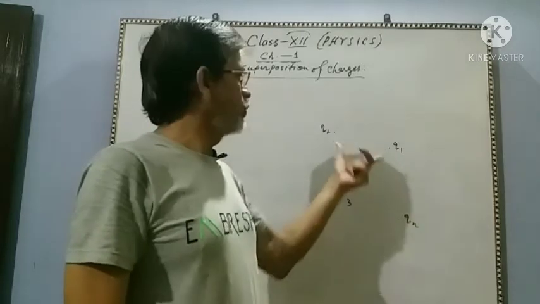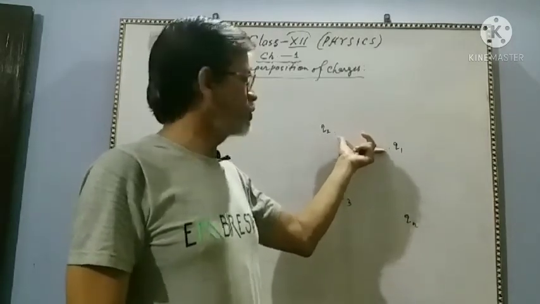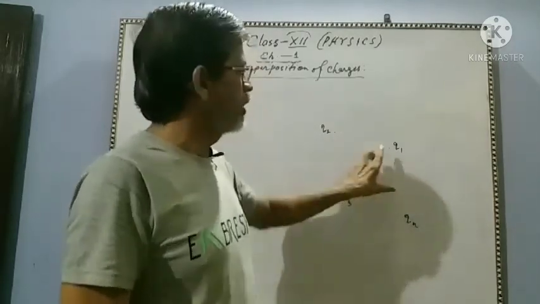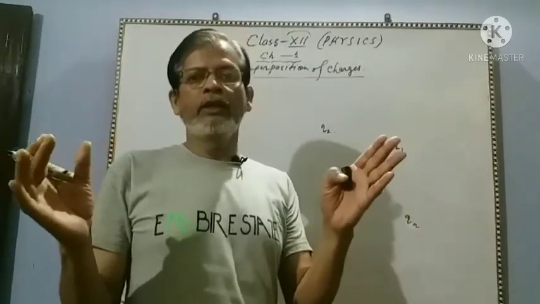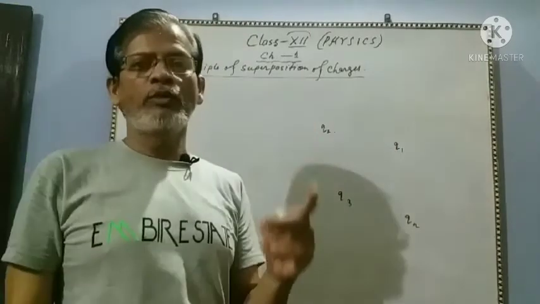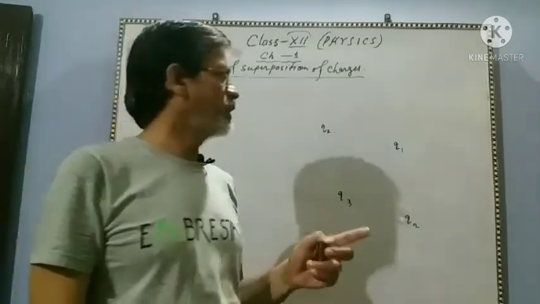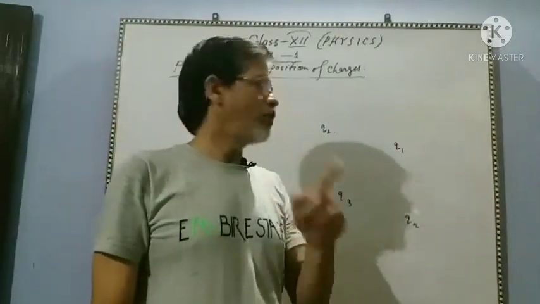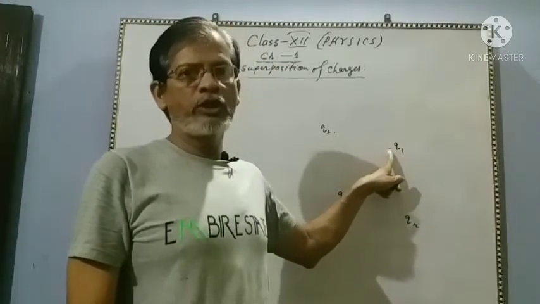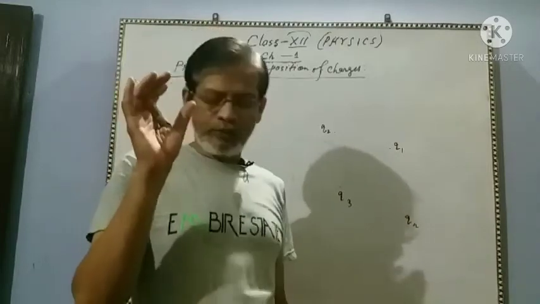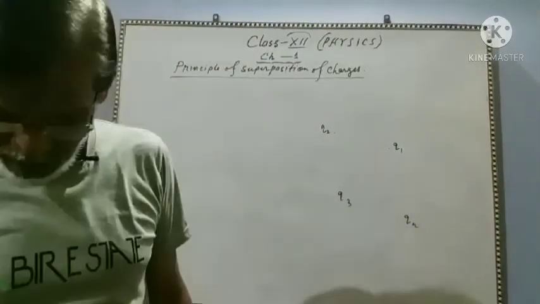Now, you first find the force between these two, then the force between these two, then the force between these two, and then you take the vector sum of these three. You will get the total force on this charge. This is the principle of superposition of charges. What is the principle of superposition of charges?